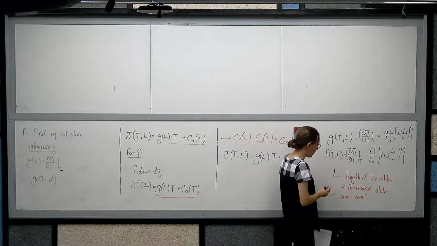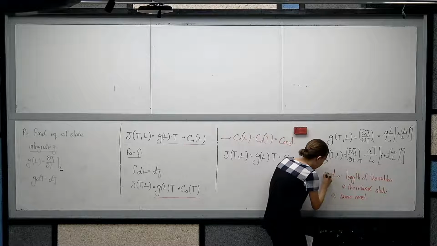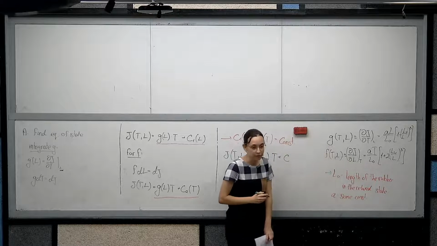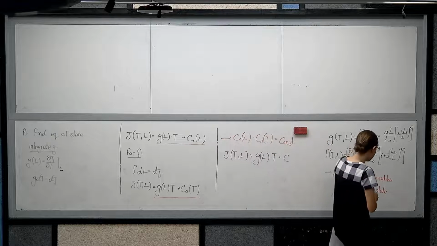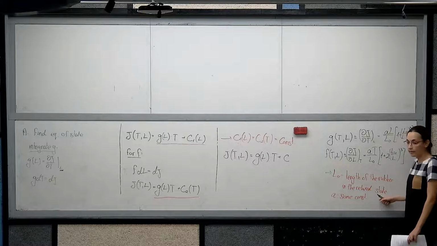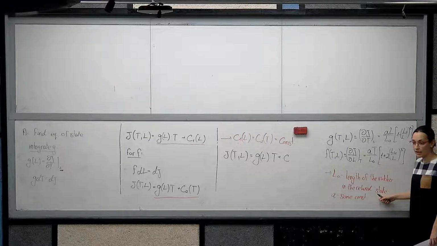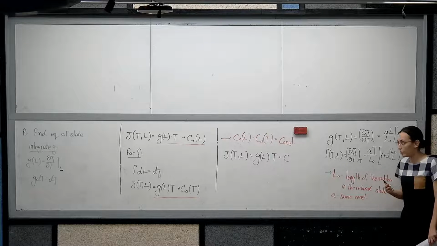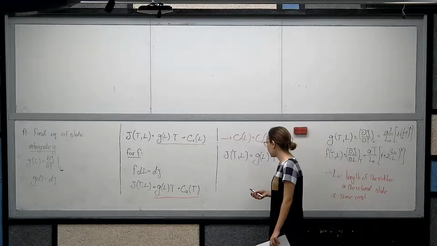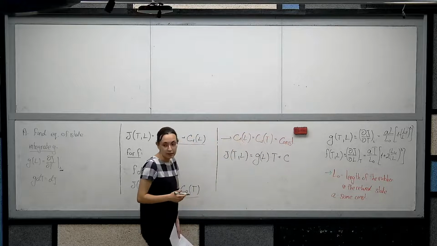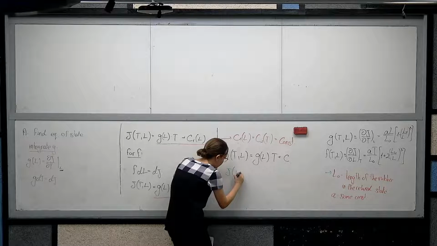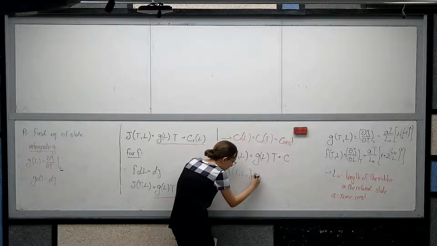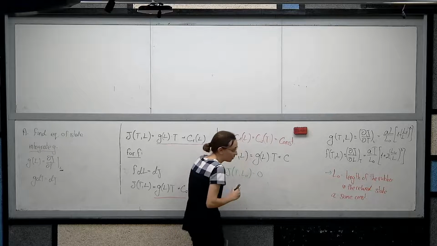We know that we have this value, L0, the length of the rubber in the relaxed state, meaning when there is no tension, the length of the rubber is L0, meaning J(T, L0) equals 0.